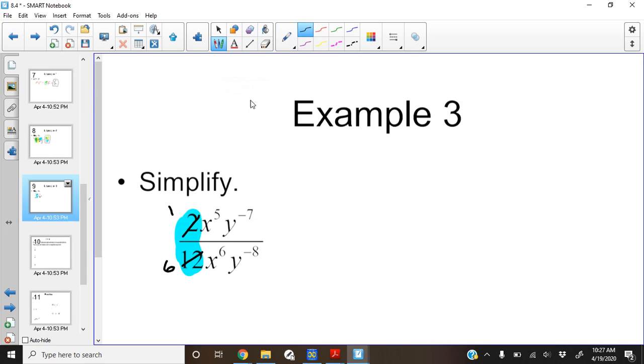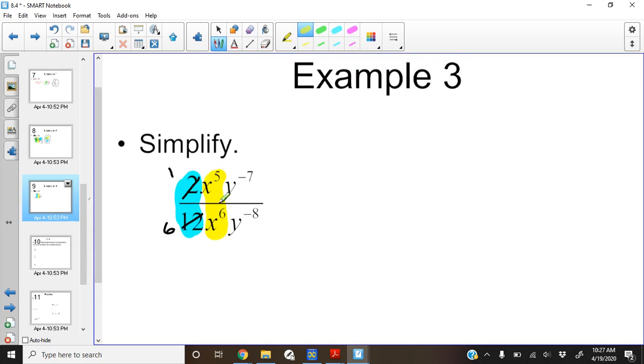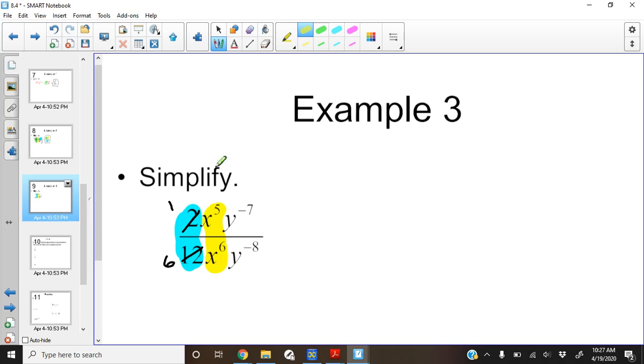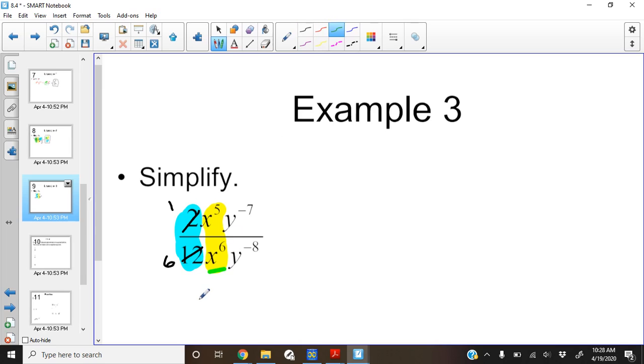Next, x to the 5th over x to the 6th. Now here is another trick that I like to use. I know I have to subtract them. When I subtract them, I have 1 left over, a negative 1 really, right? To figure out where that leftover x goes, it's always going to be where there's more. So which one has more, x to the 5th or x to the 6th? Well, x to the 6th has more.